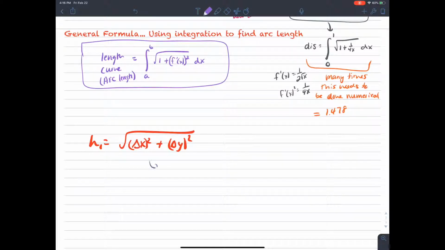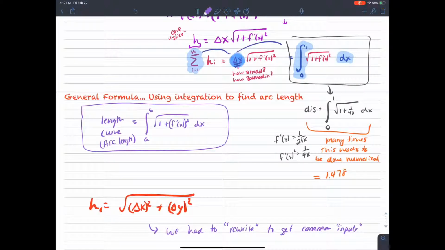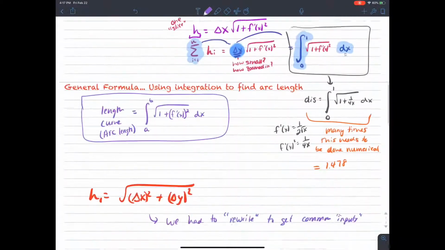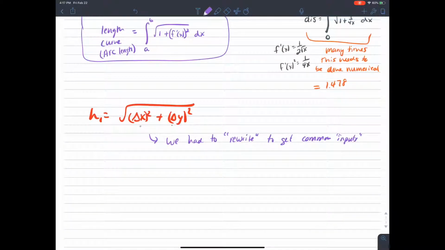So we had to rewrite to get common inputs, per se. Because again, what I was going to do on my graph was make a change to x. I wanted to explicitly know how that would be affected. But the only reason we had to rewrite these is because we were in different variables.